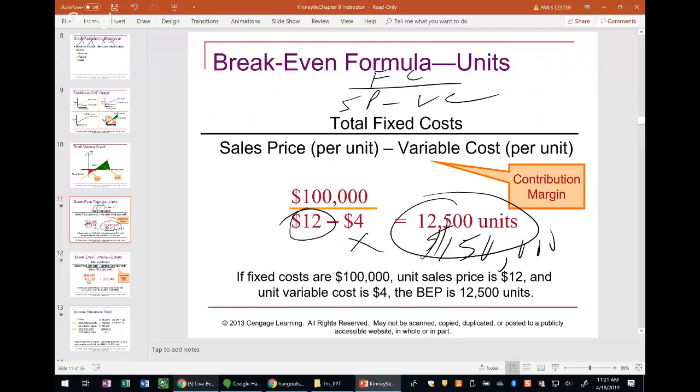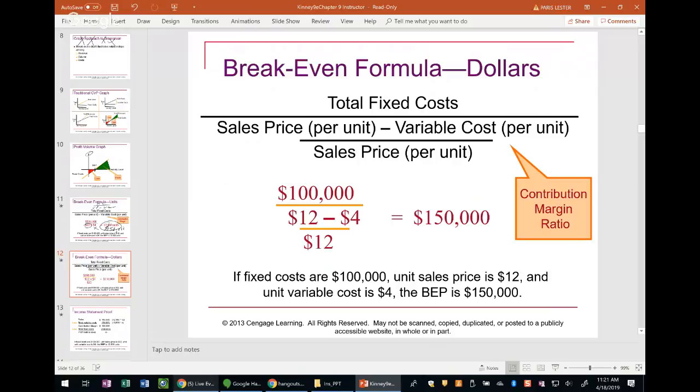But there's another way to calculate that. Here they're doing it different, okay? We know it's $150,000, but here you take total fixed cost, which is 100,000. 1 is 100%.